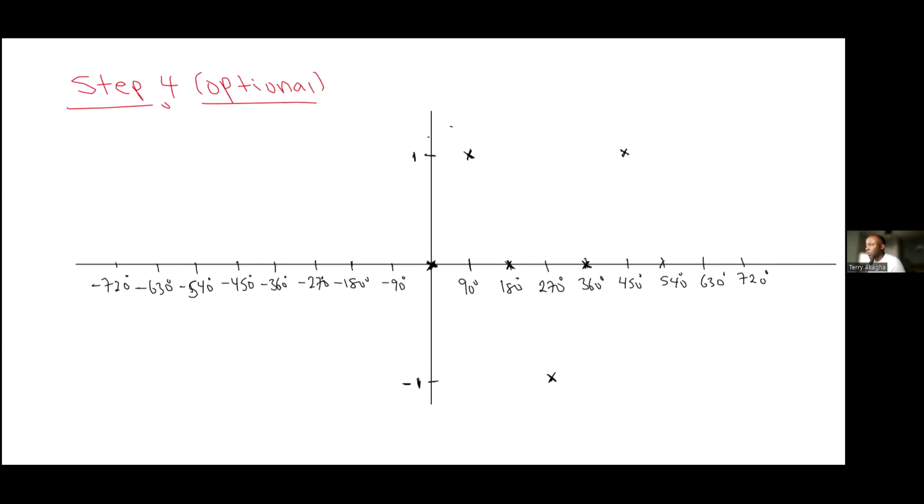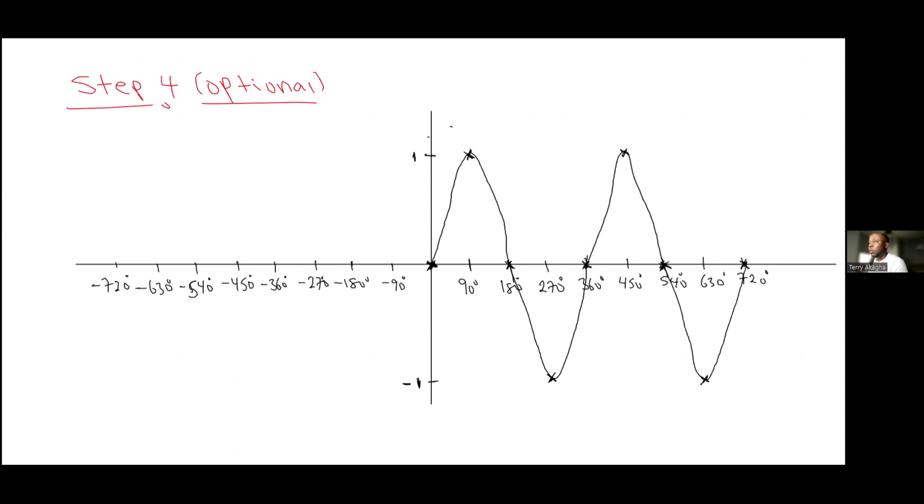We talked about this, then it goes down to 630 and goes all the way to 720, okay? So you add this all the way like this. It goes up, comes down, then goes up the way back.